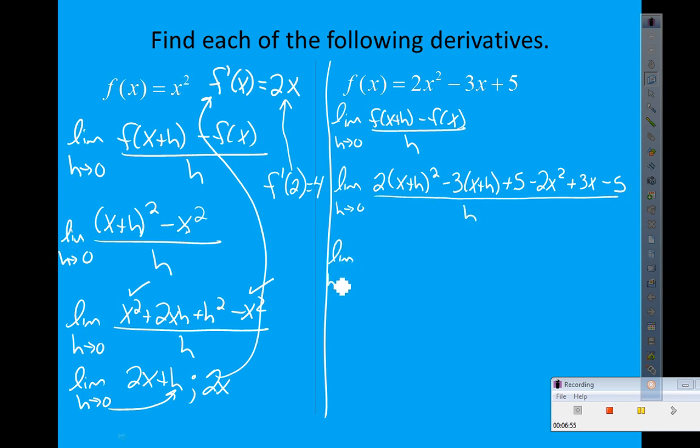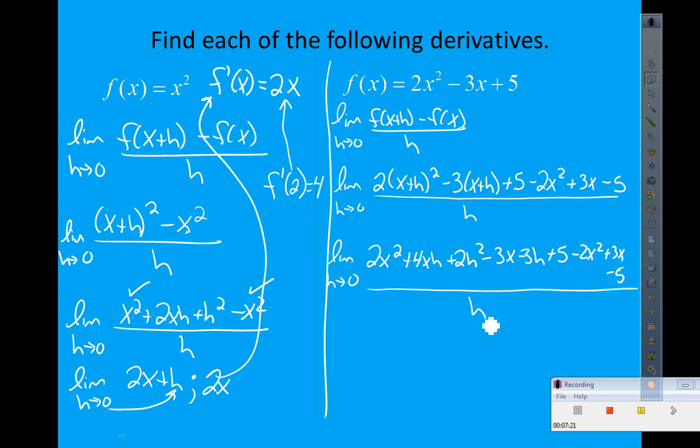And then I'm going to click through the algebra part. I'm going to quantity square that, and then I'm going to distribute. So I would see something that looks like this: 2x squared plus 4xh plus 2h squared minus 3x minus 3h plus 5 minus 2x squared plus 3x minus 5. All of that's over h.